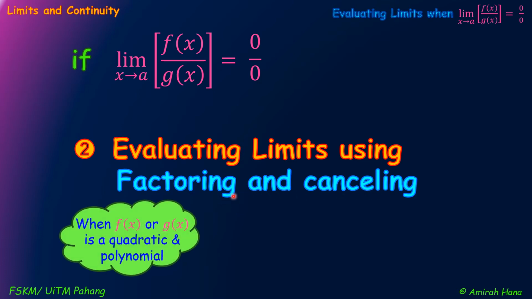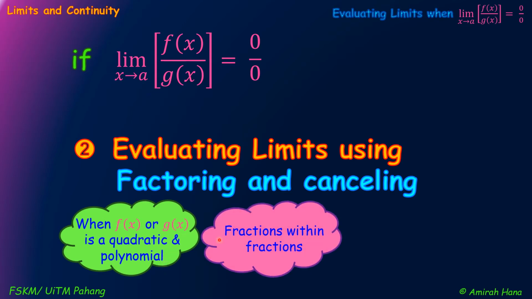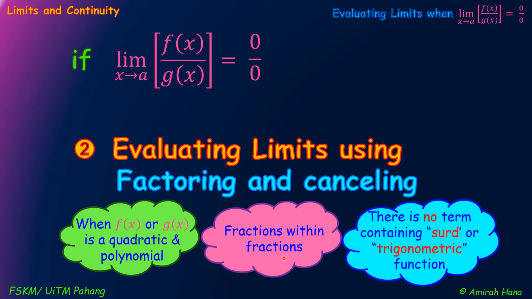We use this technique when f(x) or g(x) is a quadratic or polynomial, or fractions within fractions, or there are terms containing a surd. Surd means the symbol of square root. Or a trigonometric function.